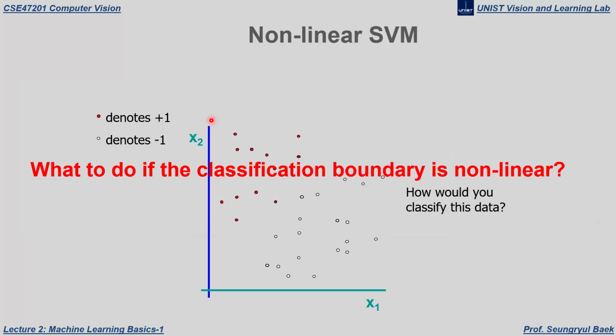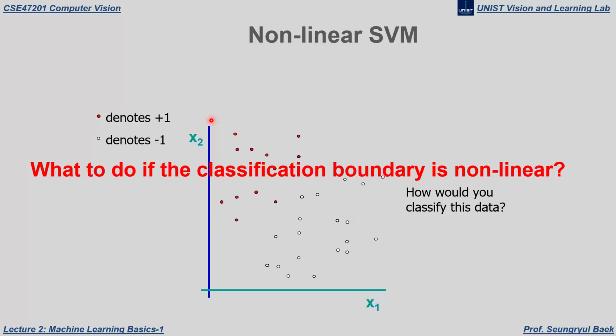So what do linearly separable cases mean? If data are distributed like this, and you can draw just one line that can separate these two distributions, then it is called a linearly separable case.